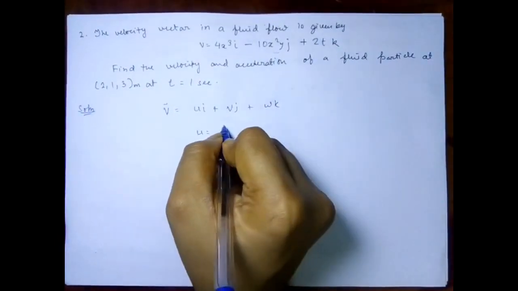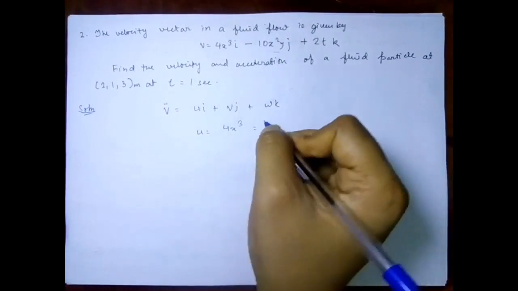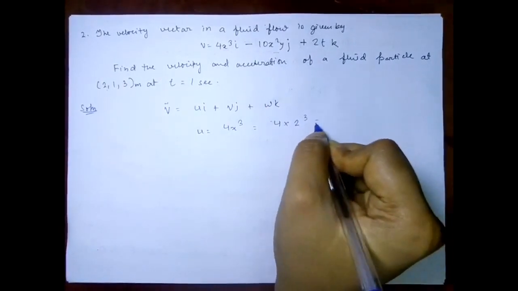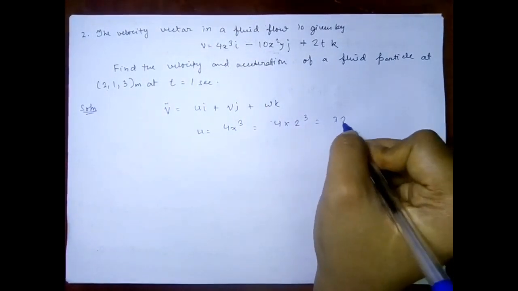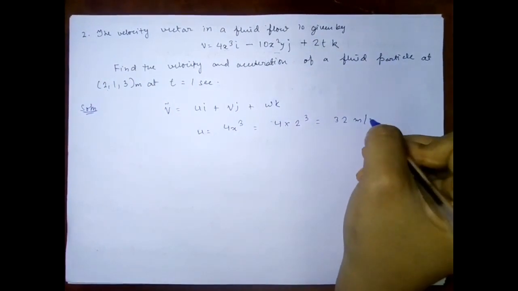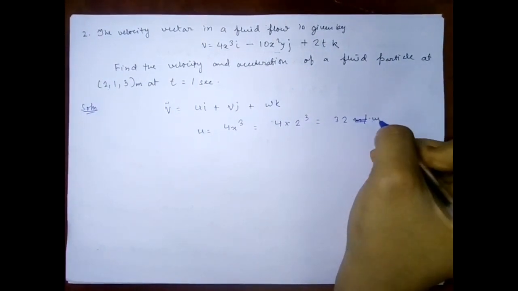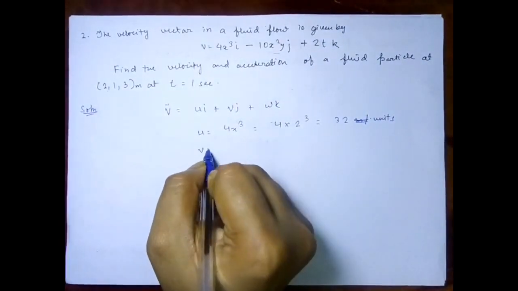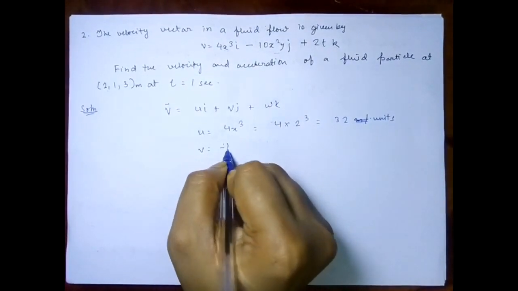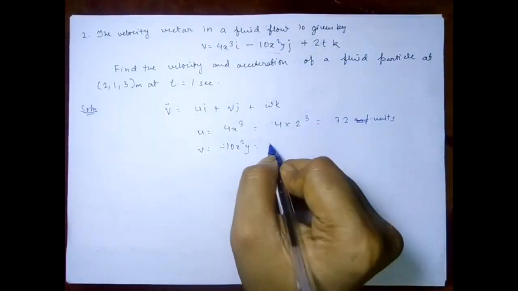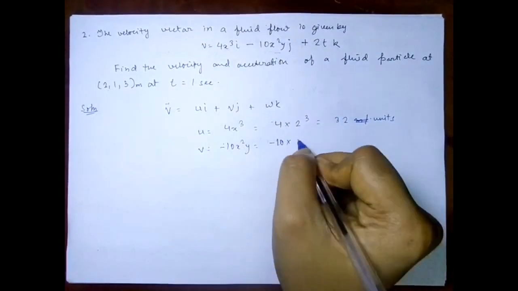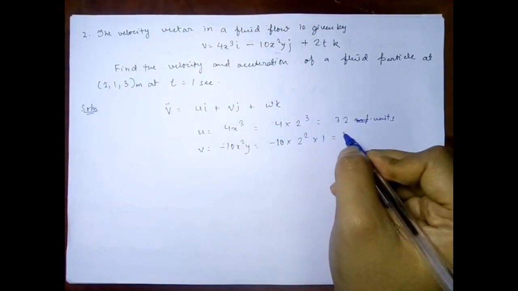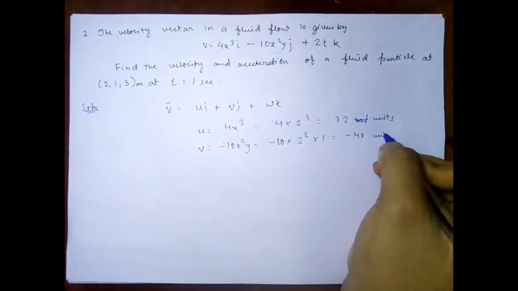So u is basically equal to 4x cube, and that is 4 times 2 cube, and it is 32. I am not writing any unit, just let it be 32 units right now. v is equal to minus 10x square y, and it is minus 10 times 2 square times 1, which is minus 40 units.